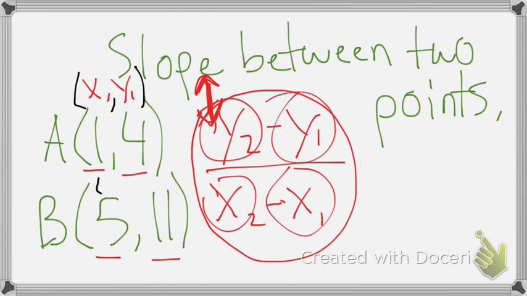That means these ones down here are going to be X2 and Y2. Okay, so basically you're just doing the second Y minus the first Y, and then you put it over the second X minus the first X.